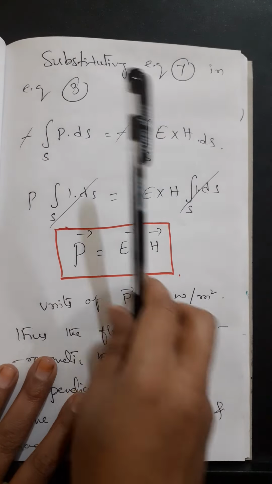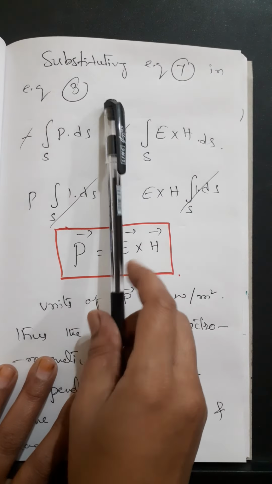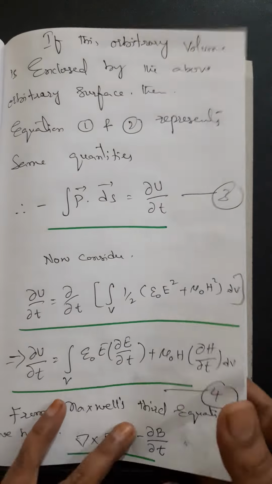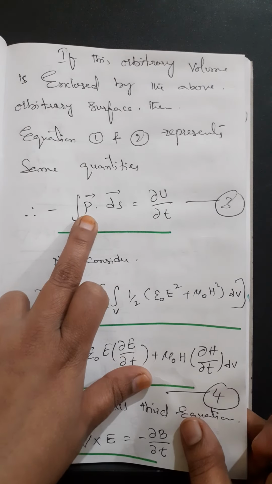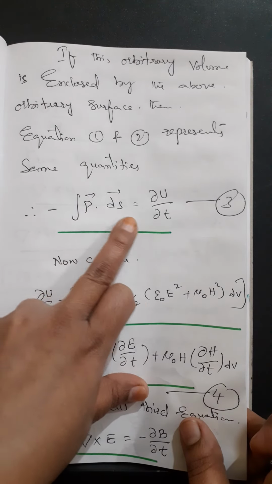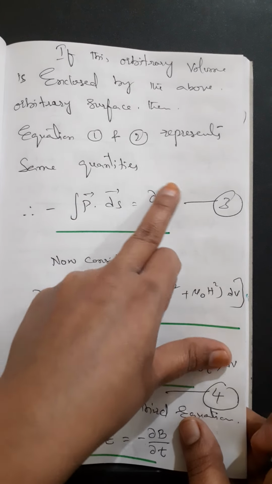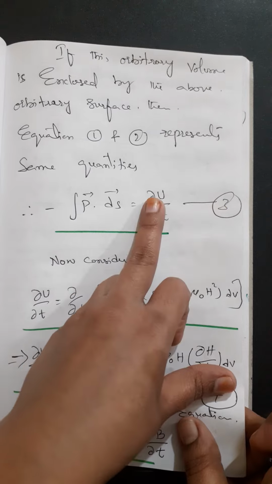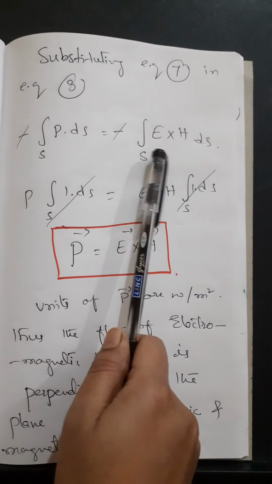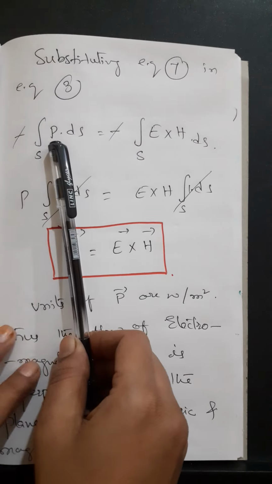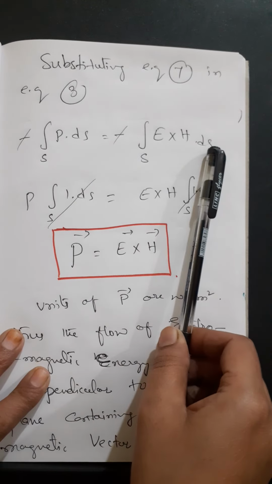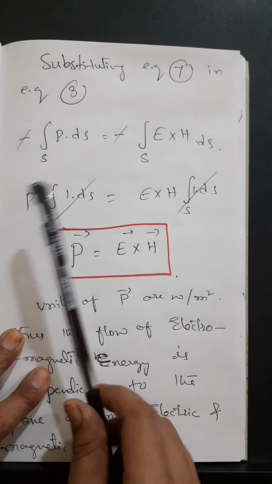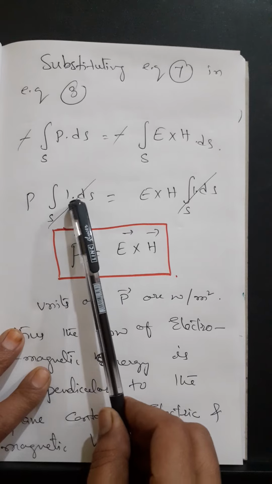Now substituting equation 7 in equation number 3, which is minus the integral of P dot dS equal to ∂U/∂t, we get minus P dot dS equal to minus E cross H dot dS.